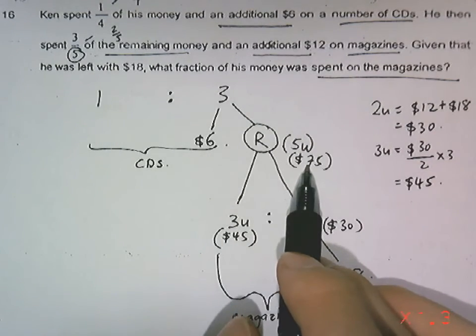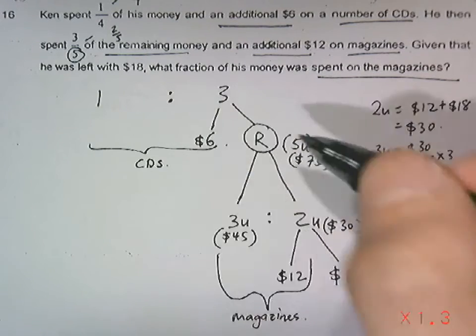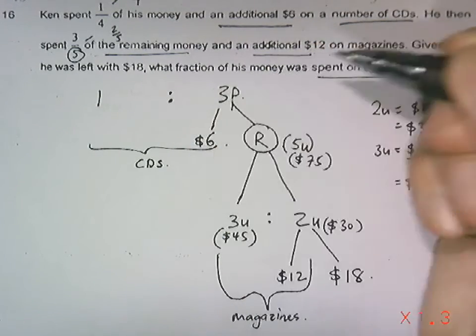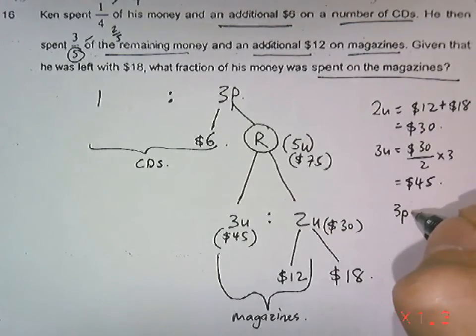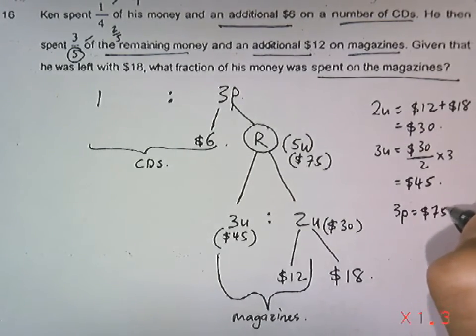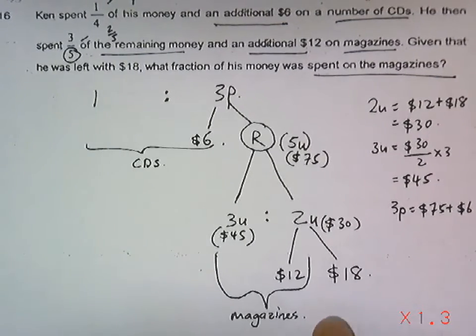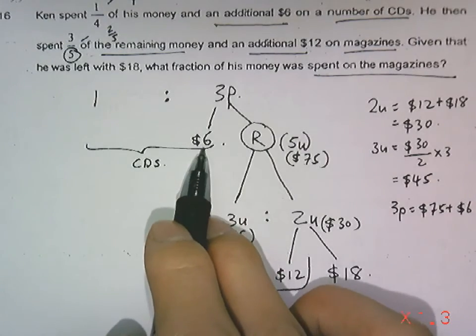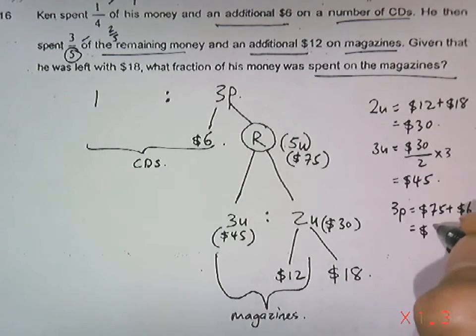So $75, and the $6 comes from this tree. I'll call this parts first. So 3P, as you see from my diagram, 3 parts will be $75 plus $6. There's an additional $6 here, so I'm going to add them together. That will give me $81.